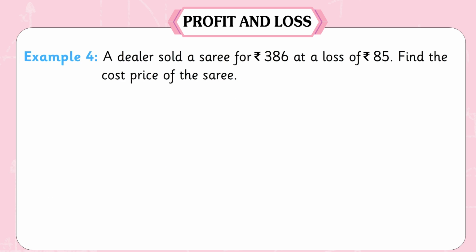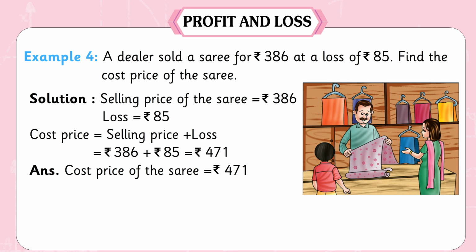Example 4. A dealer sold a sari for rupees 386 at a loss of rupees 85. Find the cost price of the sari. Solution. Selling price of the sari is equal to rupees 386. Loss is equal to rupees 85.